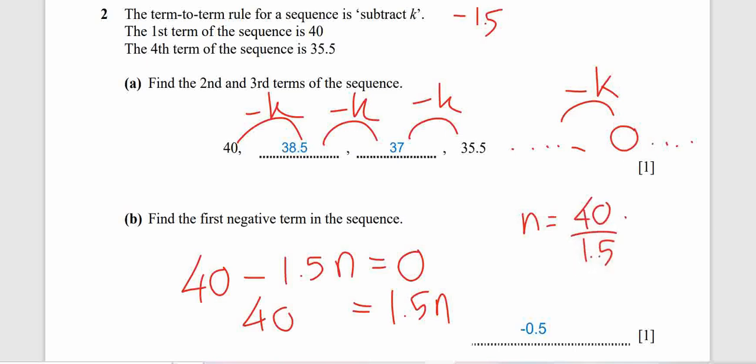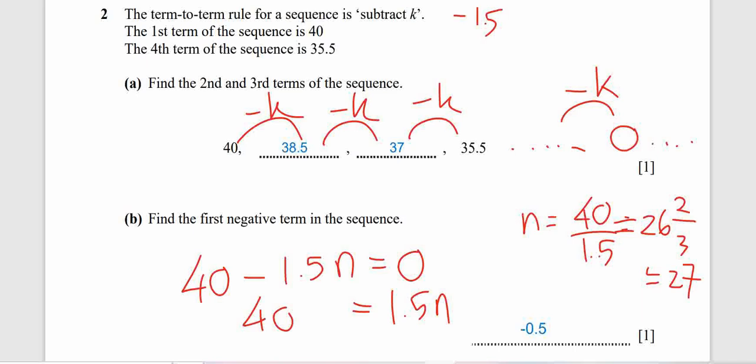We can use a calculator for this because we are allowed to use a calculator for this paper. It is equal to 26 and 2 over 3. So we round up to 27. So when n is 27, it will be negative.